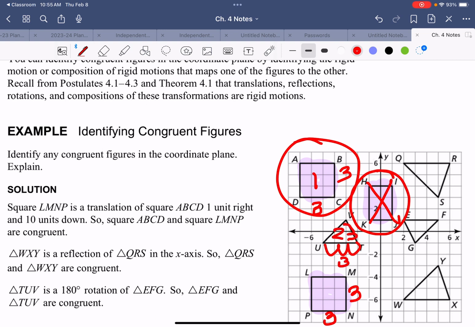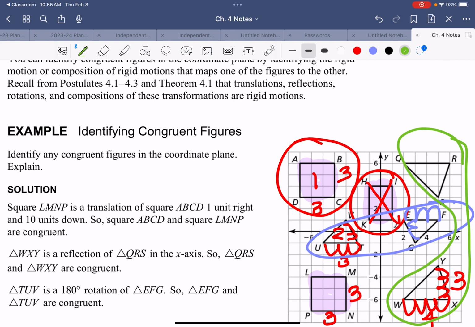And I'm going to check all these others. This one has a length of 4 and a height of 3, so they don't go together. If I check this one, there's 3 and a height of 2. Yay! So these two are congruent. And then you're going to see it. We're going to end up being able to say those two are congruent as well.